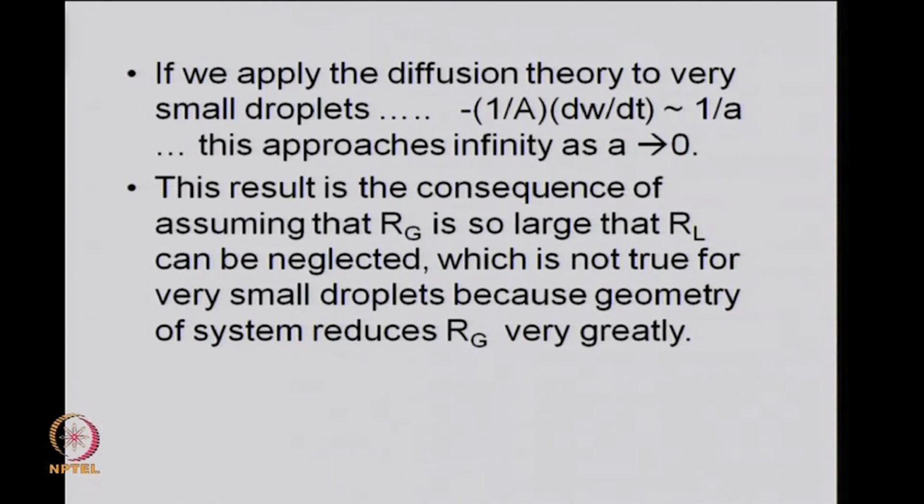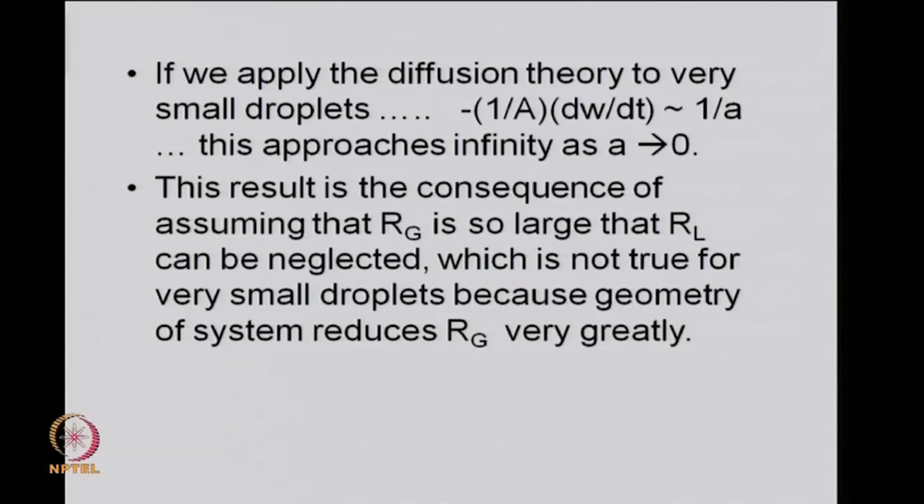This result is a consequence of our assumption that Rg is so large that RL can be neglected. That probably won't be true for very small droplets, because for very small droplets Rg would reduce very significantly. Do not understand this line. Geometry of system reduces R. What is that? Geometry of the system reduces R very.